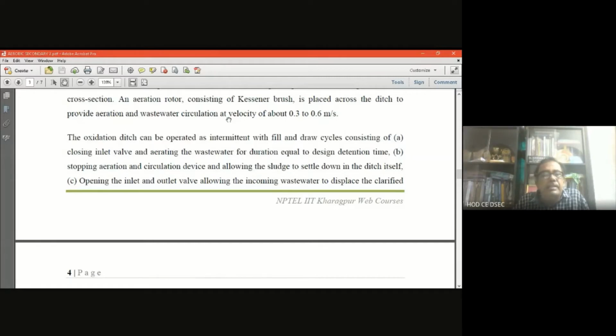So in that case, the inlet valve will be closed and the sludge will be allowed to settle in the intermittent time, and then by mechanical scraper, time to time or manually, the sludge will be removed from the tank. When the sludge settlement and sludge removal are done, then the inlet and outlet valves are opened, allowing incoming wastewater to displace the clarified effluent.